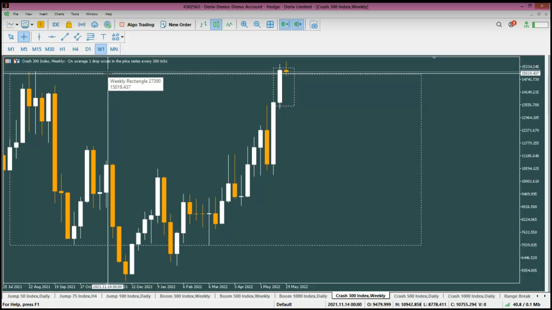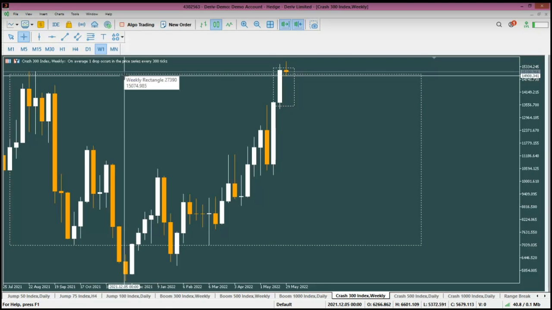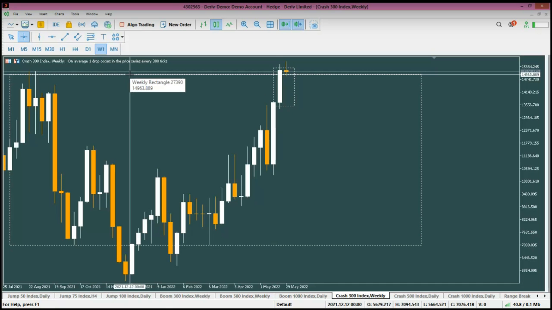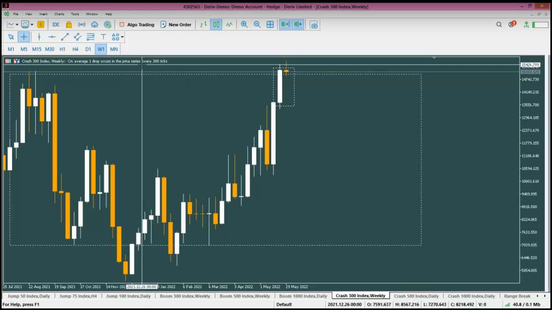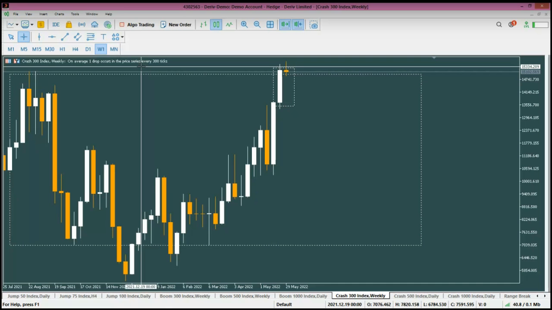There is a resistance there, a resistance line. So what I was saying was that because there is a resistance, we are going to wait for it to break up, so that we can join the trend. If it does not, then we don't make an entry there.